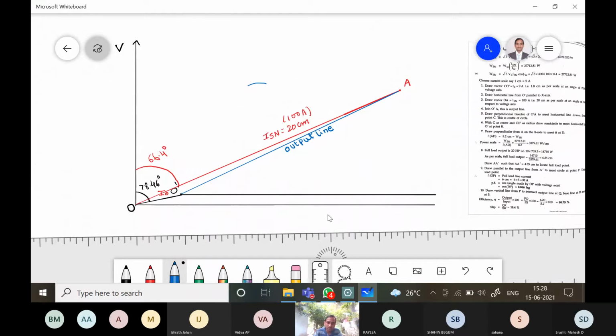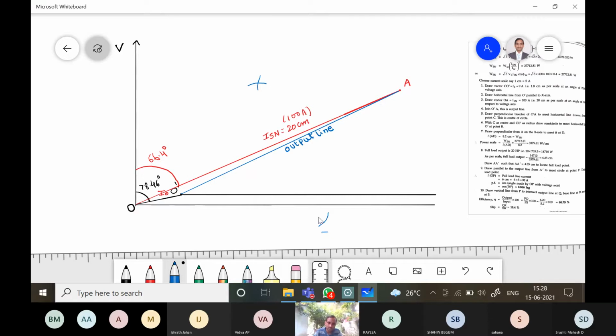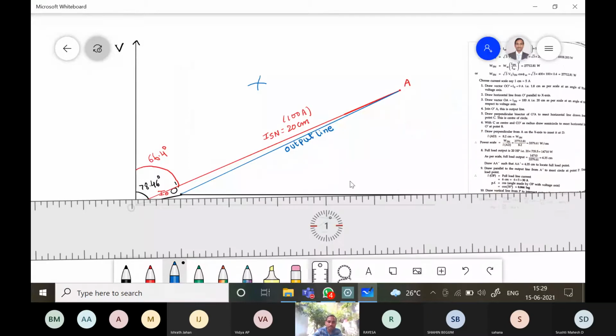Similarly, another arc will come here. Then again, the same more than half, take point A as center and draw an arc. You will get the perpendicular bisector.